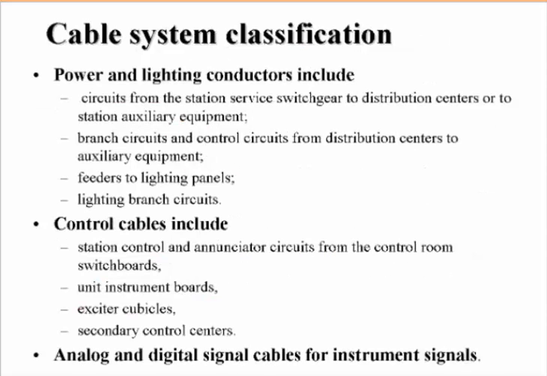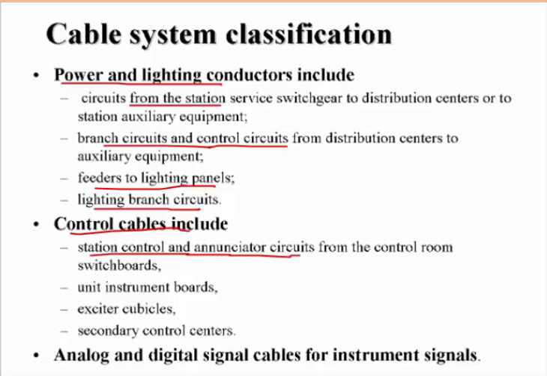Now we can classify the cables. In terms of power and lighting, conductors include circuits from the station service, branch circuits and control circuits from the distribution center, feeders to your lighting panels and lighting branch circuits. Then what we also have is control cables, which will include your station control and indicator circuits from the control room switchboard, your unit instrument boards, your exciter cubicles and your secondary control centers.